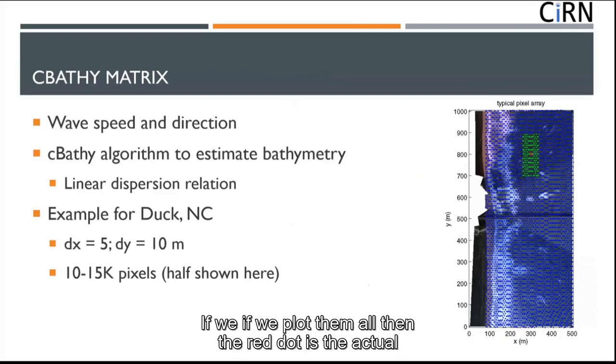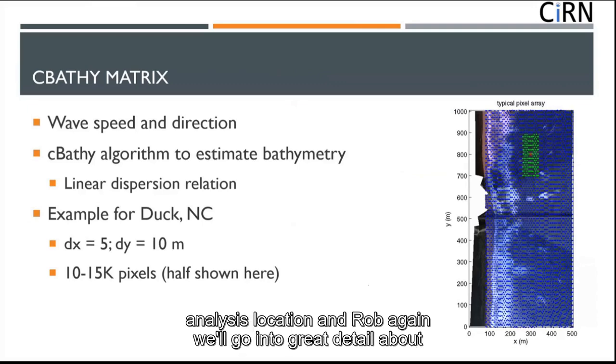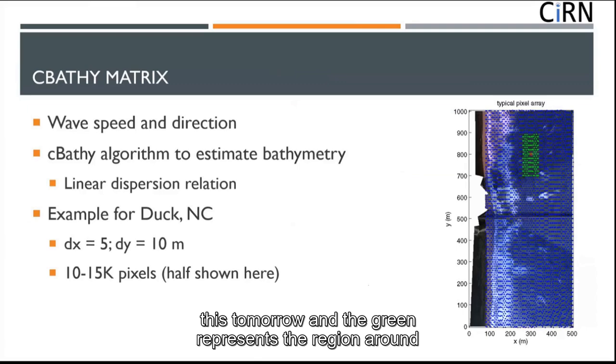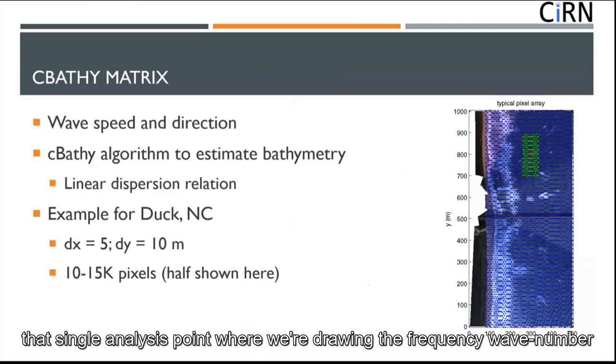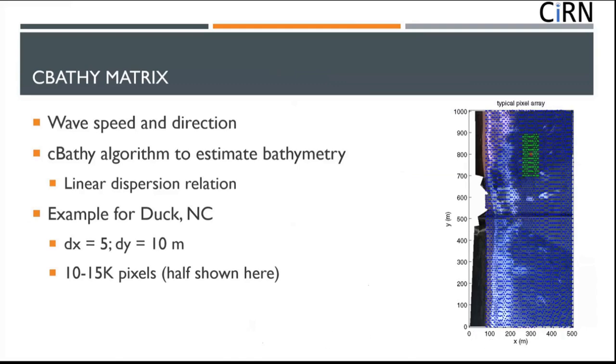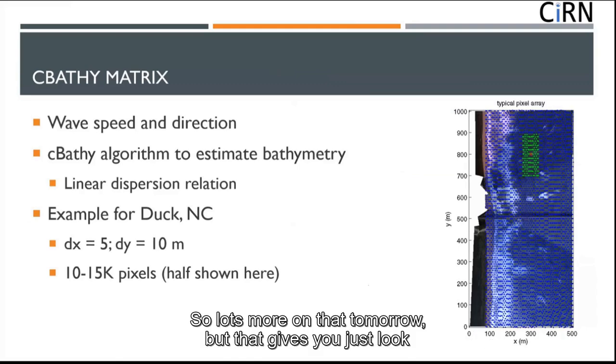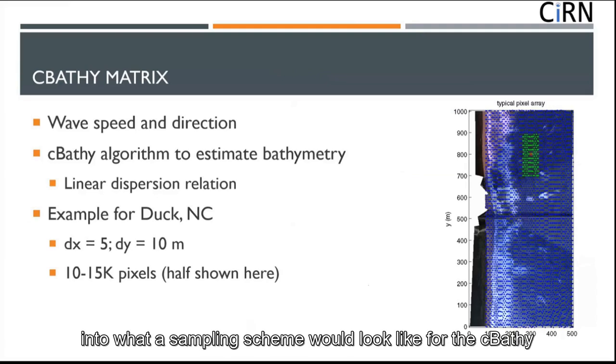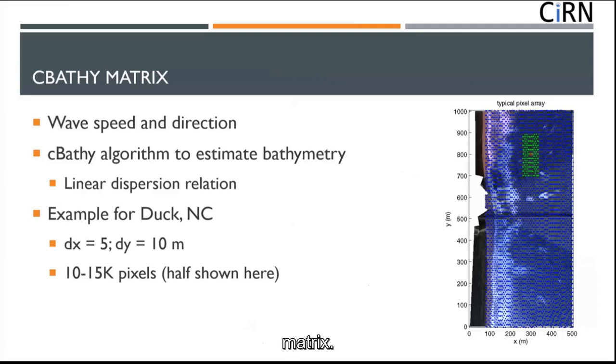If we plot them all, then the red dot is the actual analysis location, and Rob, again, will go into great detail about this tomorrow, and the green represents the region around that single analysis point where we're drawing the frequency wave number pairs from the wave data that we're getting from the images. So lots more on that tomorrow, but that gives you a look into what a sampling scheme would look like for the Seabathy matrix.